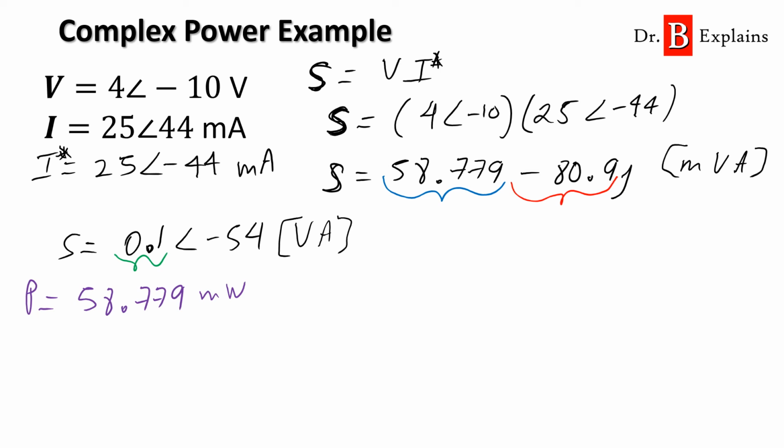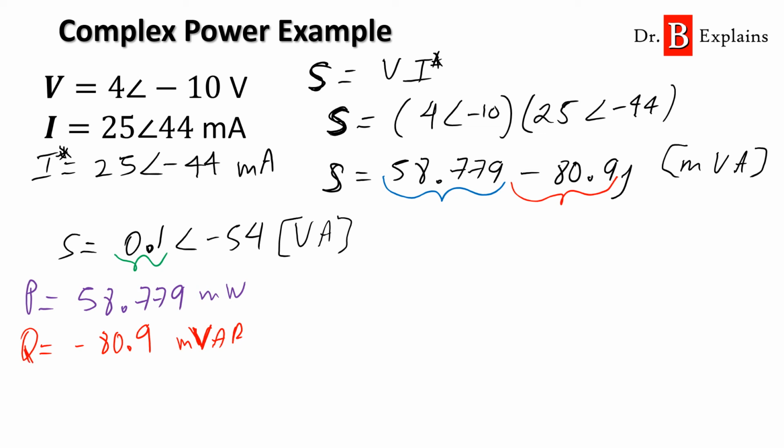And in the case of the Q, we're going to have Q equal to minus 80.9 milli VAR, which are the volt amp reactive units. That's the name, volt amp reactive.